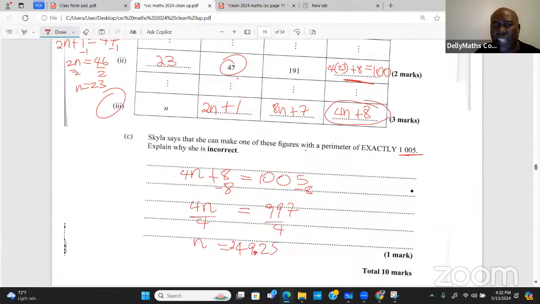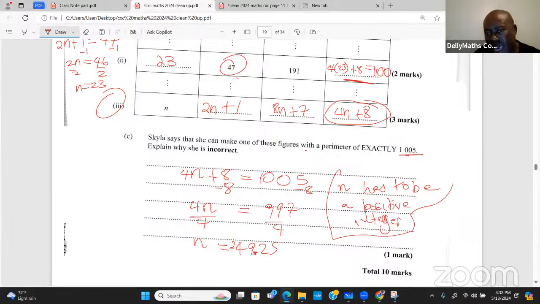So explain why she's incorrect. She is incorrect because n has to be a positive integer, right?